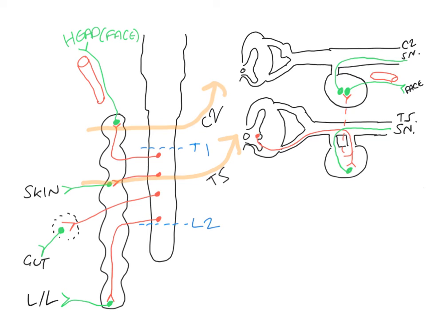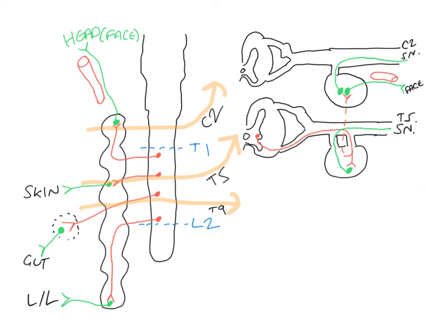The next level which I want to consider is here, and we'll think of this as around about the T9 spinal cord level, and at around about this level we have sympathetic preganglionics which supply the gut.